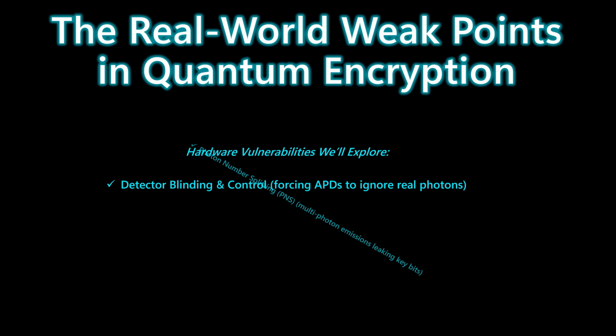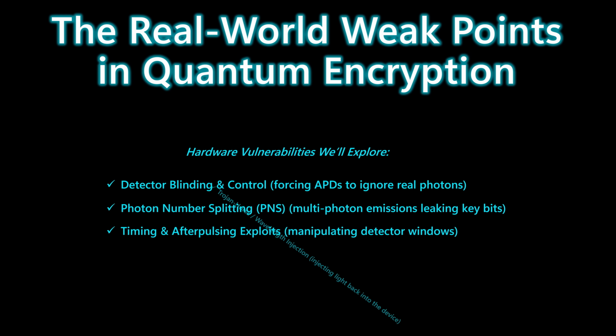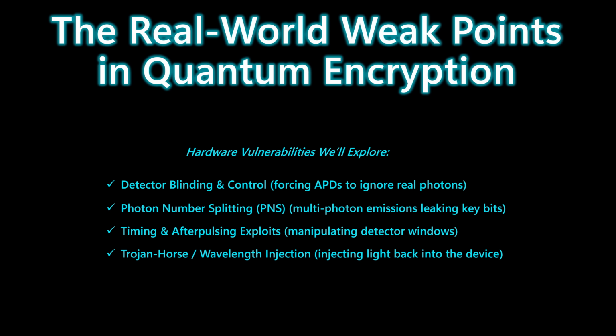First, detector blinding and control. This is where an attacker forces single photon detectors into a classical mode, so they ignore real photons and only react to the attacker's signals. Second, photon-number splitting. If the source accidentally emits multiple photons, Eve steals one copy and learns the key without adding detectable noise.